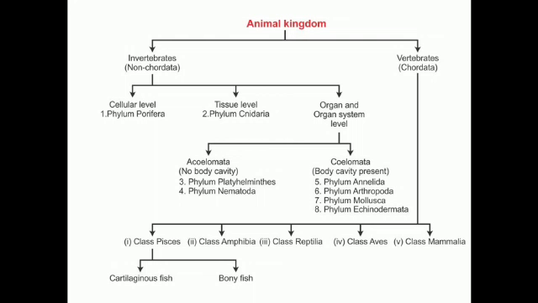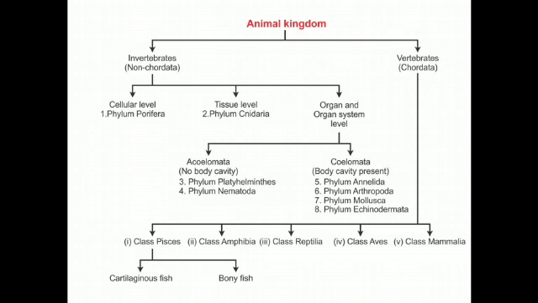In the diploblastic animals, as we have seen, there is only one phylum, the phylum Coelenterata or the phylum Cnidaria. Now we will see the classification of the triploblastic animals. So the things are becoming more complicated.